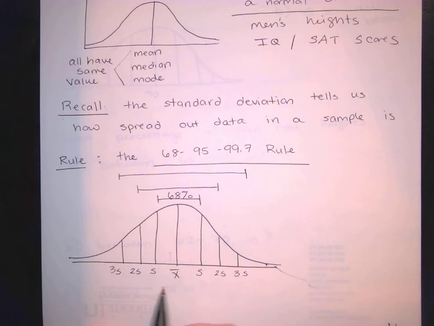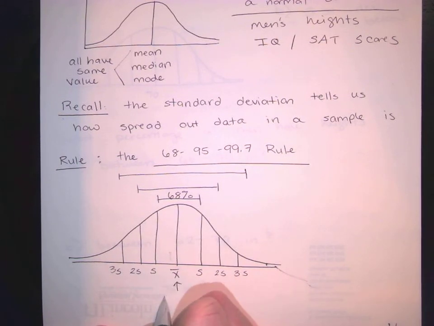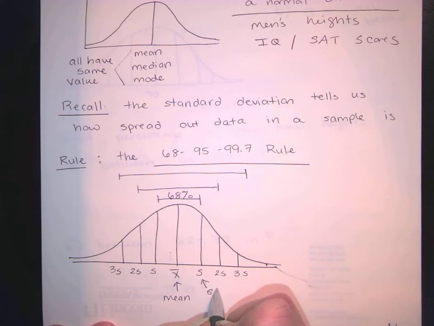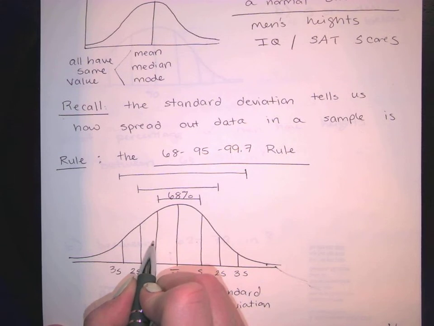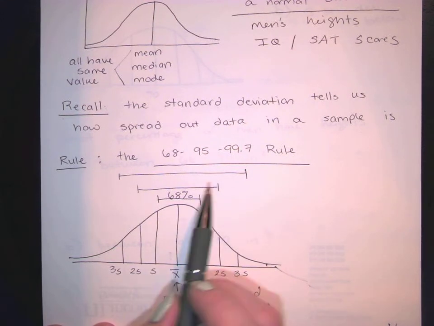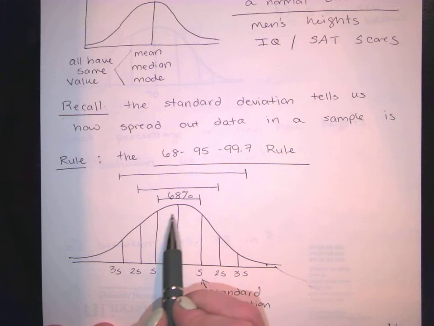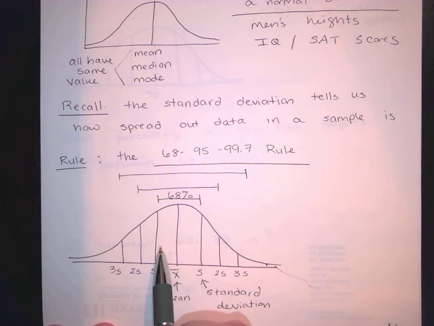So here, if we're talking about a sample, X bar is our mean, and S is the standard deviation. If we go above or below the mean by one standard deviation, 68% of the data from the population is going to fall in there.